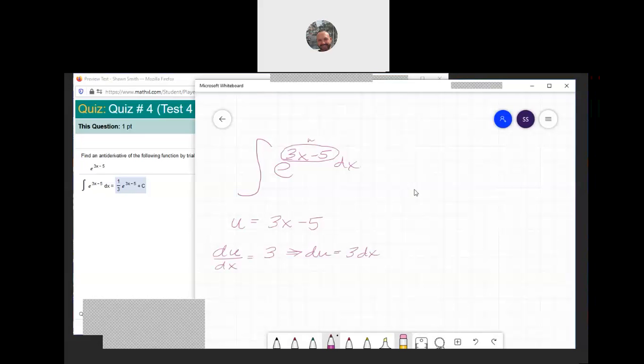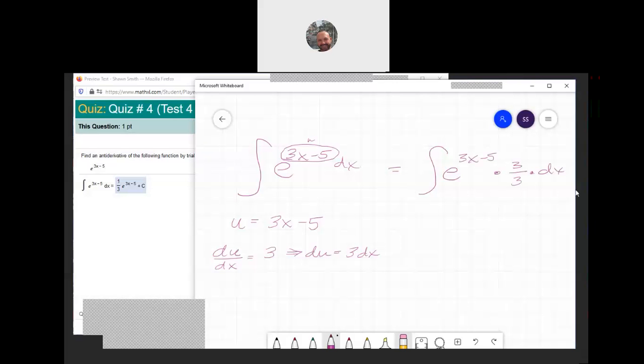So what I'm going to do in here, I have a 3, I'm going to multiply and divide. So 3 over 3, I'm going to insert into this problem. So I have e to the 3x minus 5. I can put a 3 there, it doesn't matter. It doesn't matter where you put a factor in, right? You can put it in the front, put it in the back, it doesn't matter.